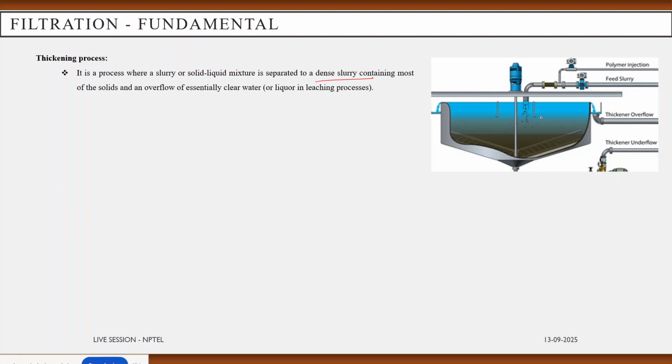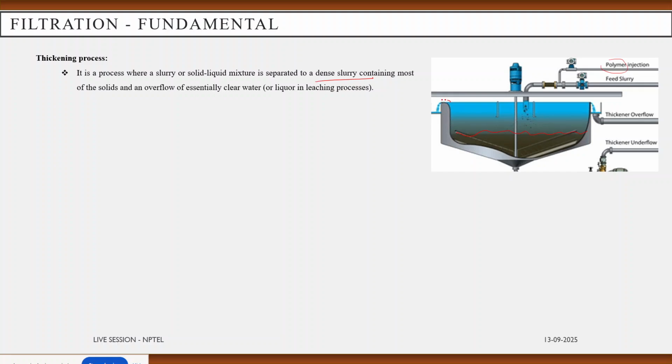So you can see a thickener here in the picture. The feed slurry and some polymer for enhancing the rate of thickening are introduced into the thickener, and over the process the rack is rotating and the solid particles settle down at the bottom of the thickener.